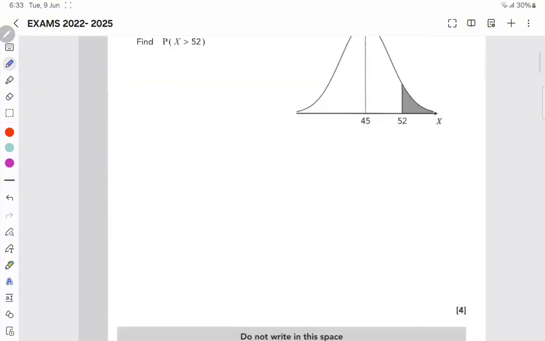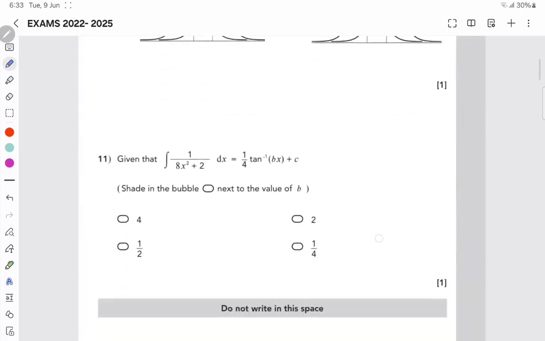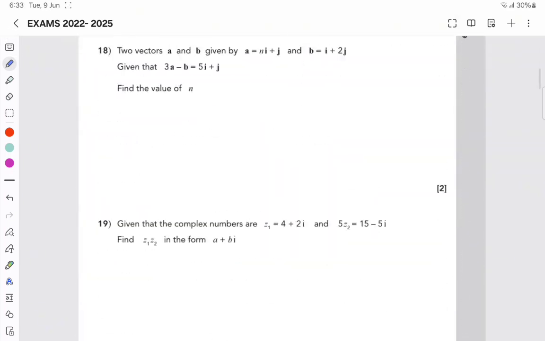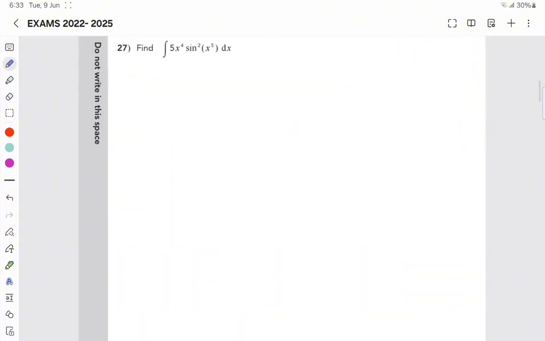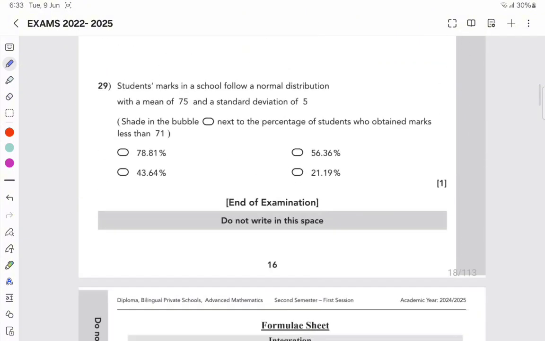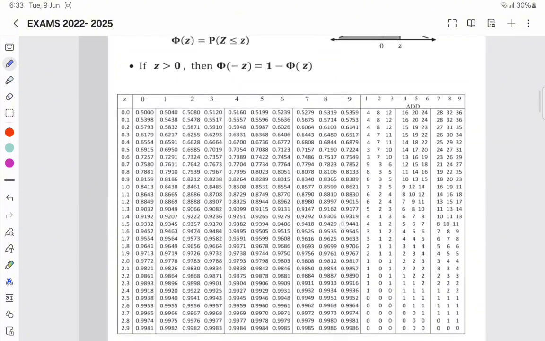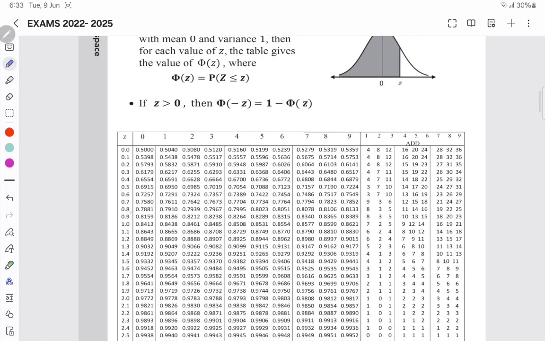The table in the exam is given. Find 0.6 here. Go to the table. That is 0.6. It's 1 decimal digit, so it's 0.60. It will be 0.7257.